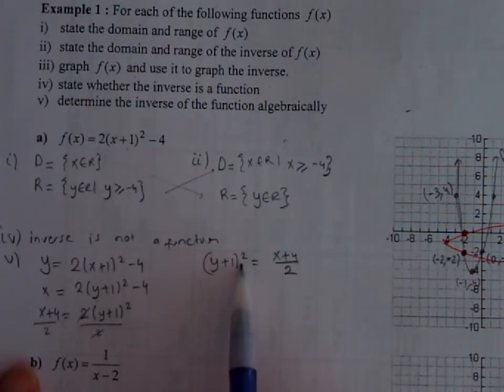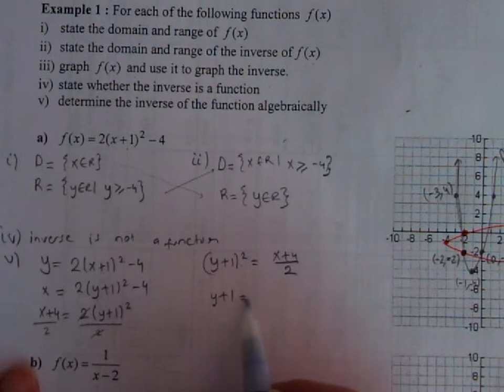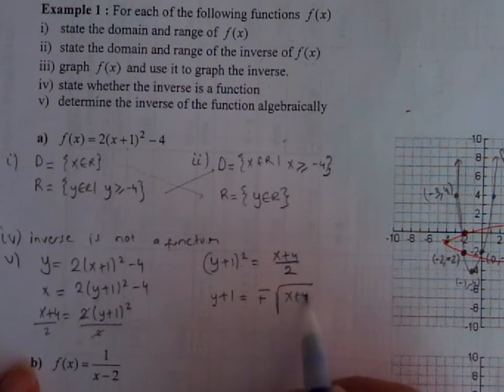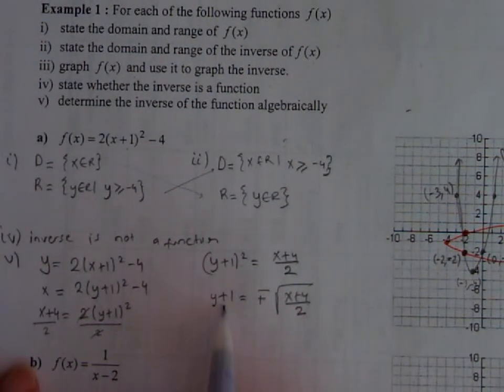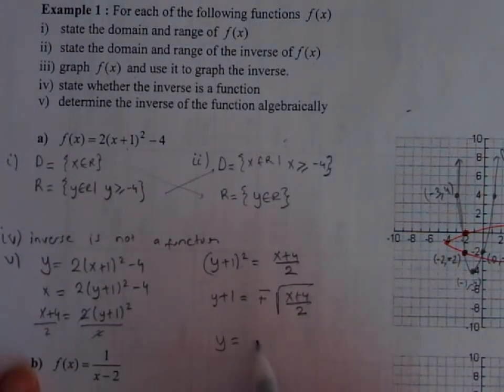Now take the square root of both sides. So you get y plus 1 equals, now you take the square root, you get plus and minus, right? The square root of (x plus 4) over 2. And finally, move the 1 to the right. y equals -1 plus and minus the square root of (x plus 4) over 2.